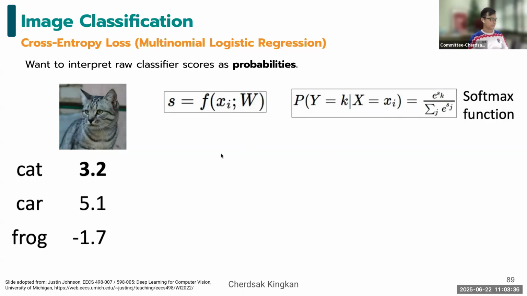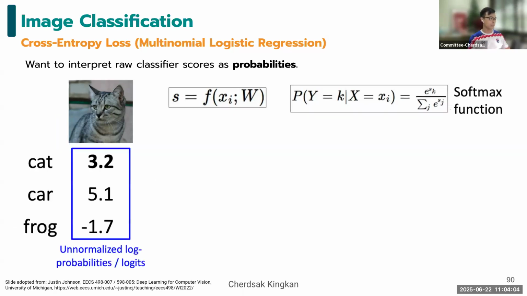So if we pass this image into our linear classifier and we want to use cross entropy loss, first the model will give us a score. That's what we can use to calculate the multi-class SVM loss. But instead, we want to interpret the score as a probability.